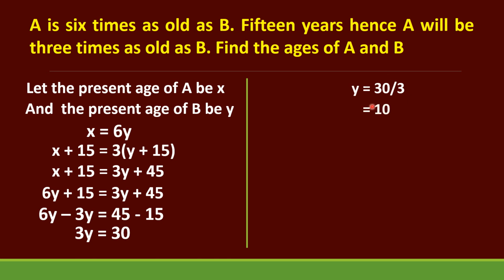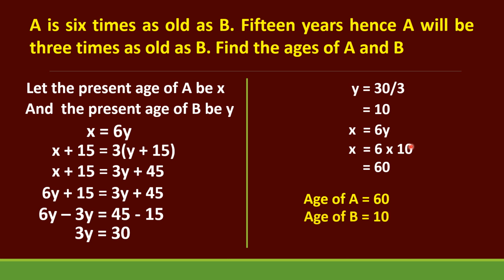Now we got the age of y. Now we can substitute this value of y here. X is equal to 6y. Y is 10, so x is equal to 6 into 10, that is 60. So the present age of A is 60 and the present age of B is 10.